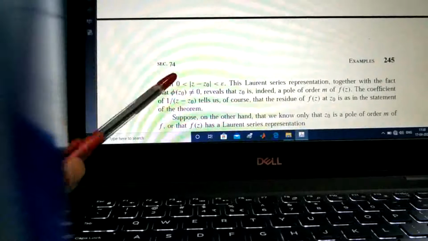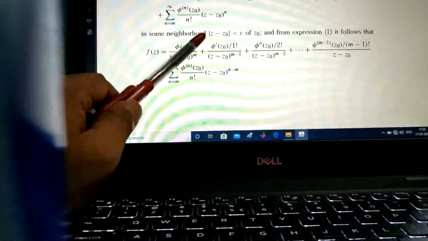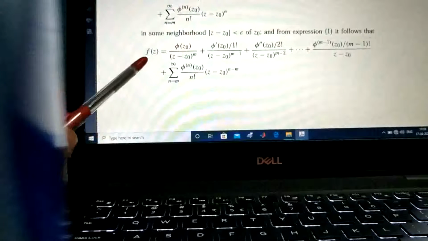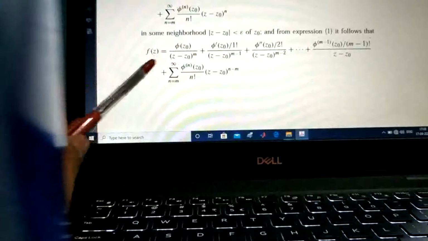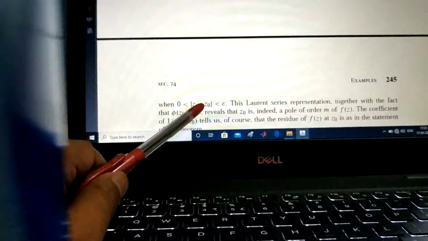This is the punctured disk. So this is the Taylor series expansion of phi of z in this open circular disk, and this is the Laurent series expansion of f of z in this punctured disk.